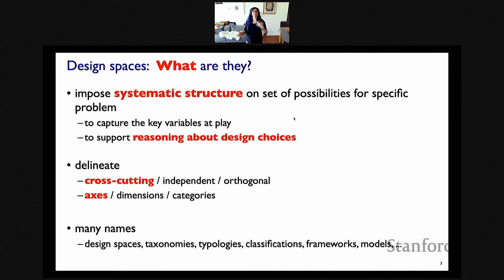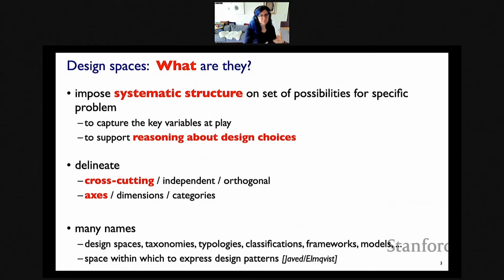So as I talk through some different papers we've done in the past, I might switch between using these words. I particularly like one from Javan and Elmquist, which is a longer one: a space within which to express design patterns. It's another useful way to think about that.